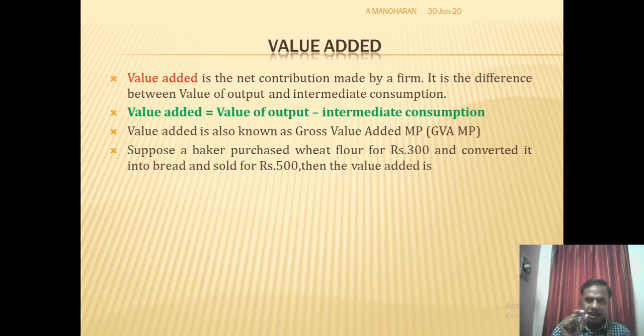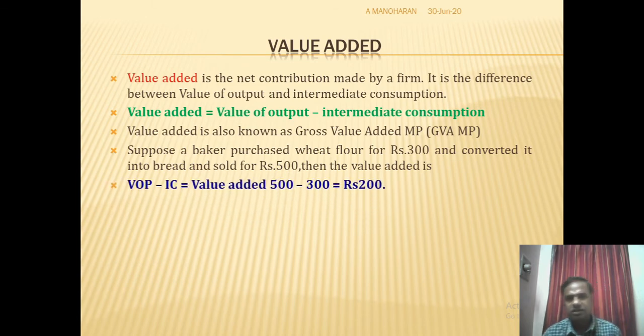Then the actual value added by the baker is rupees 200, because he purchased wheat flour for 300 and added value of 200. So the value added will be 200. So how to calculate the value added is value of output minus intermediate consumption. That is 500 minus 300 is equal to 200.